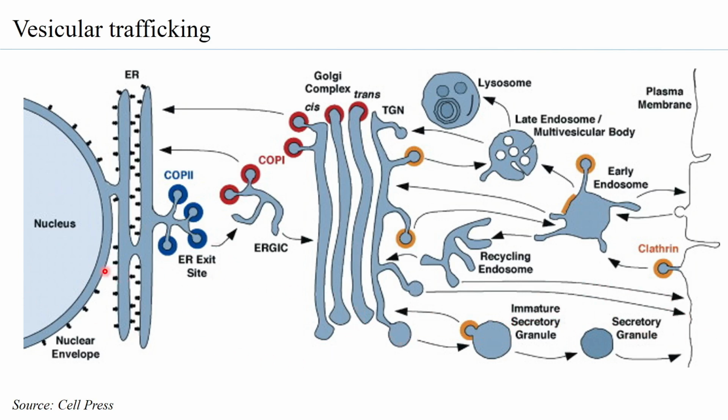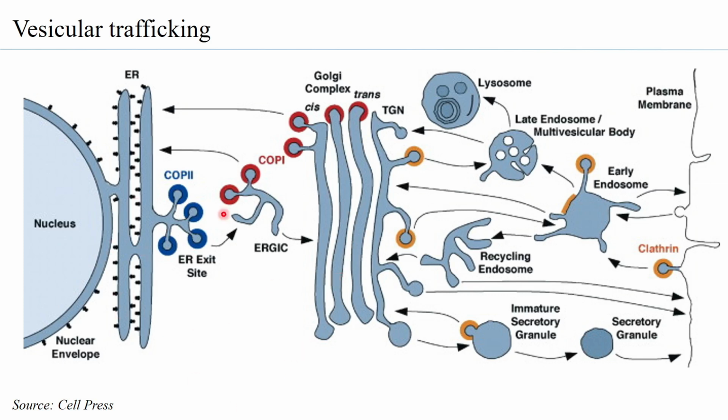This traffic is called retrograde movement. So you can definitely have two-way traffic, but the vesicles trafficking these cargo proteins can be different.